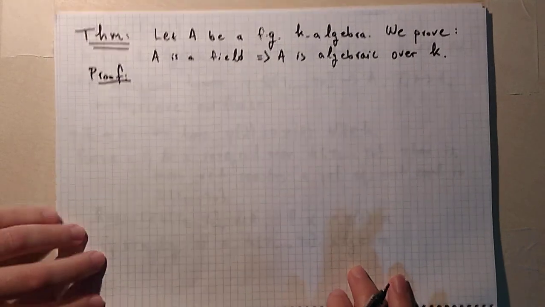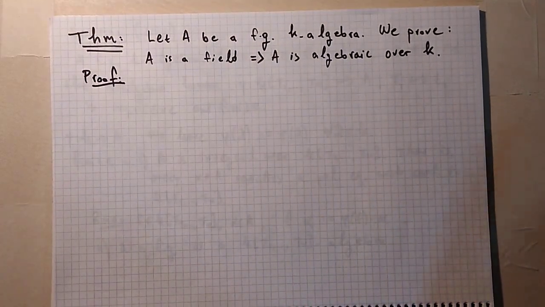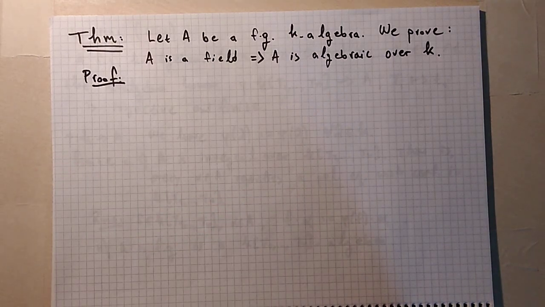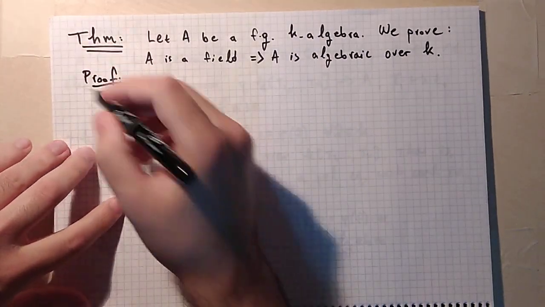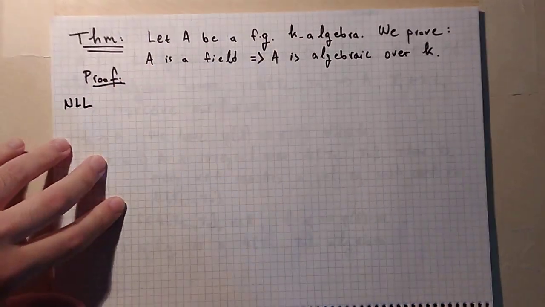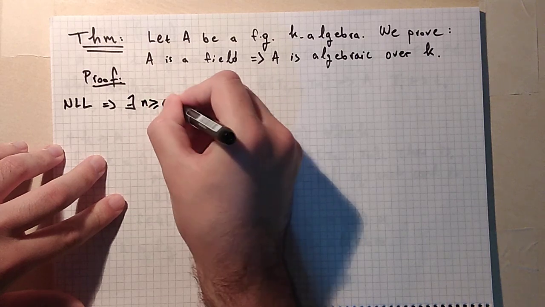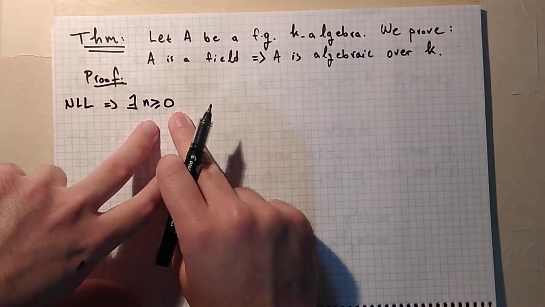So since I start with a finitely generated K algebra, I can immediately use Noether's normalization lemma, which implies that there is an n, which could also be 0, right?